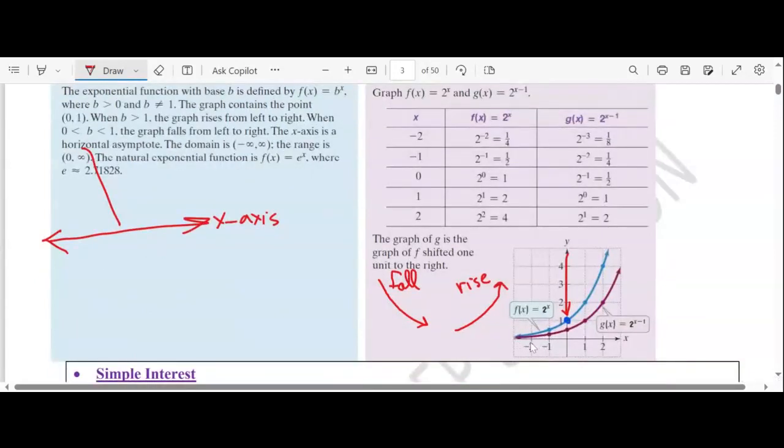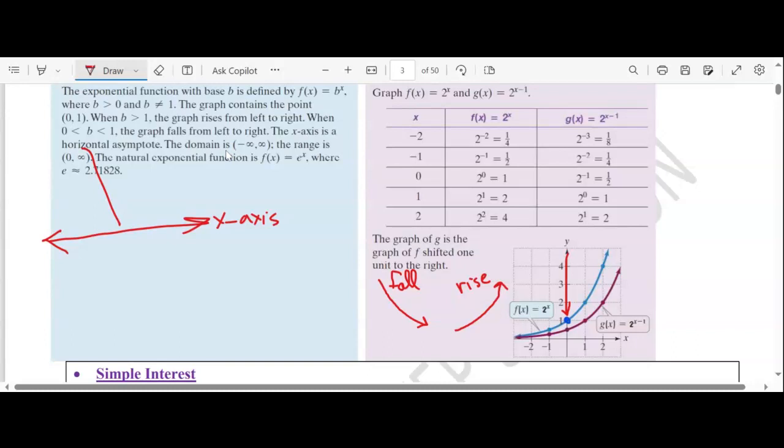Does it touch the x-axis? No, it doesn't. It keeps going, and it comes closer to it, but doesn't touch it. That's the meaning of asymptote. Repeat after me: asymptote. Comes closer, but doesn't touch.